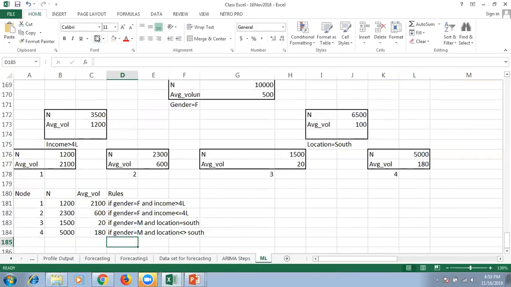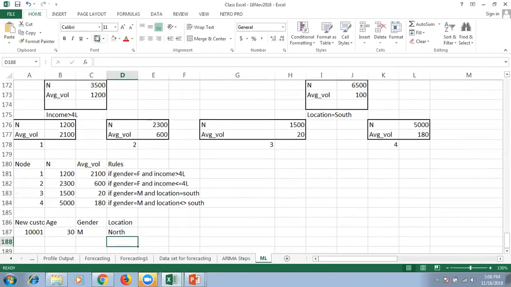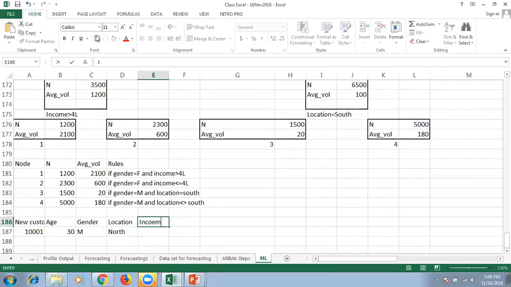Correct? So if any customer comes, and I want to predict how many items they are going to purchase, will you be able to predict or not? For my new customer, 10,001, the age is 30, gender equal to male, location equal to north, and income equal to 5 lakhs.